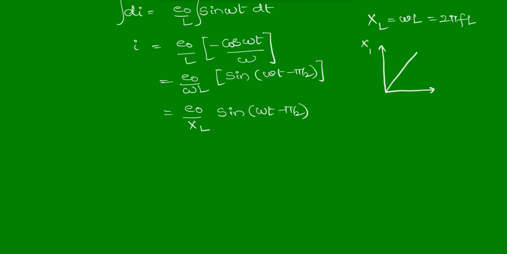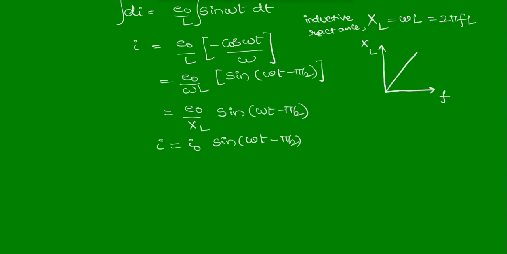We'll get an XL versus frequency graph like this. We call this inductive reactance. So it will have dimensions of resistance only, so that this equation we can write as I naught sin omega t minus pi by 2.